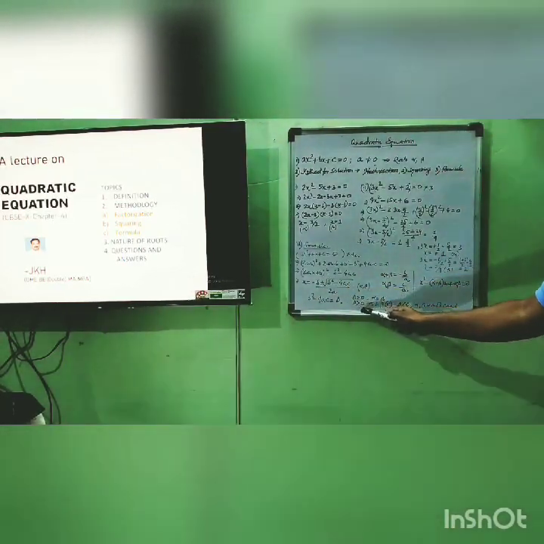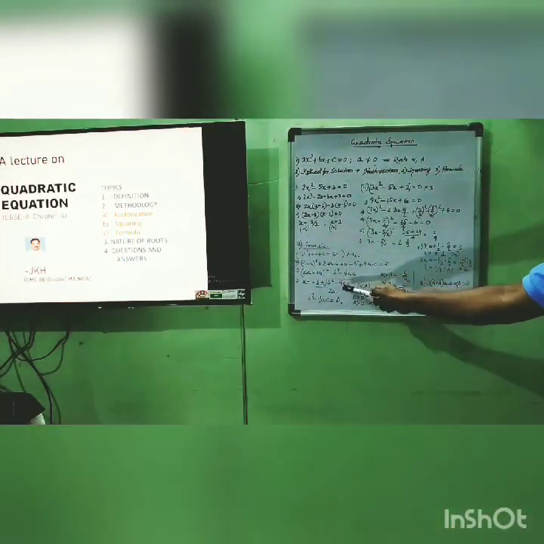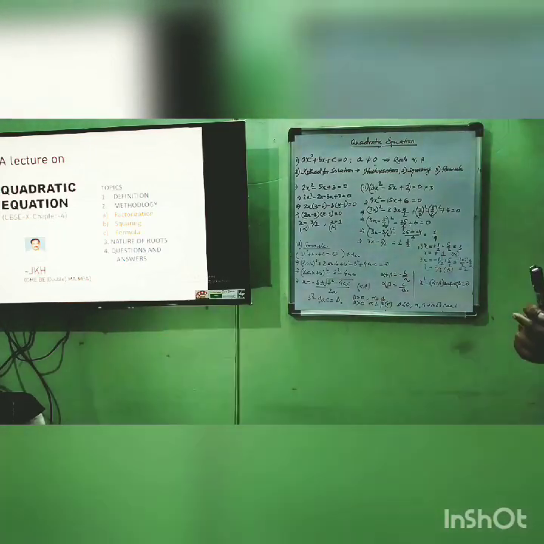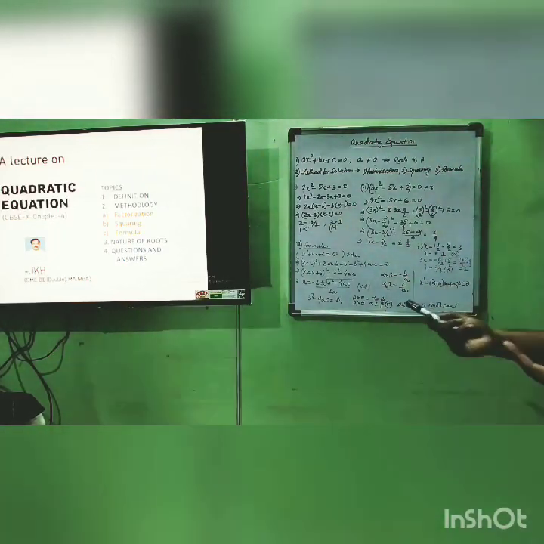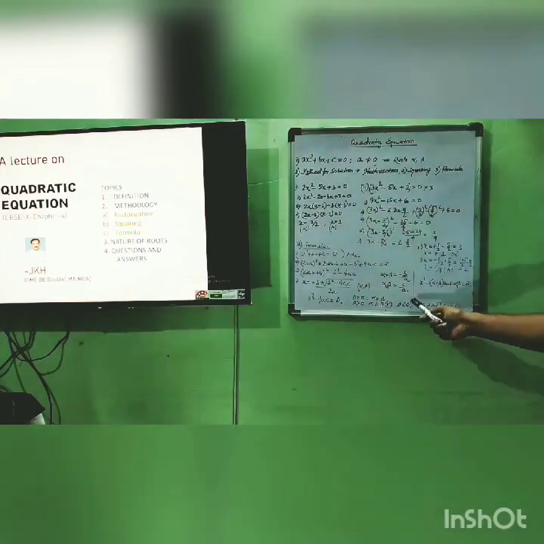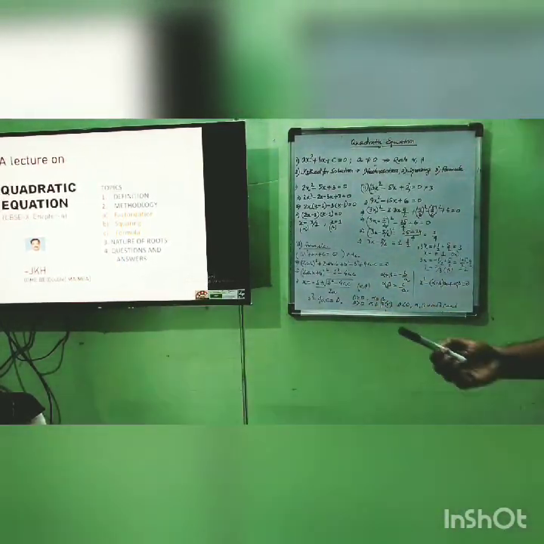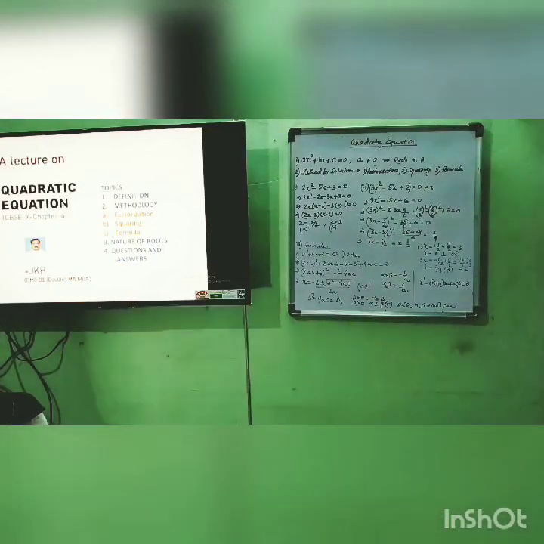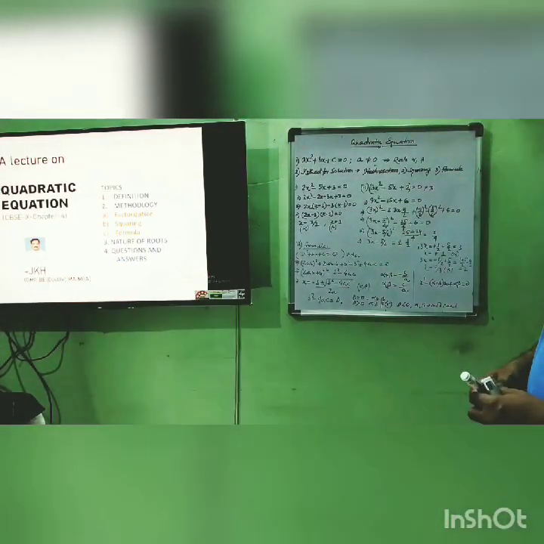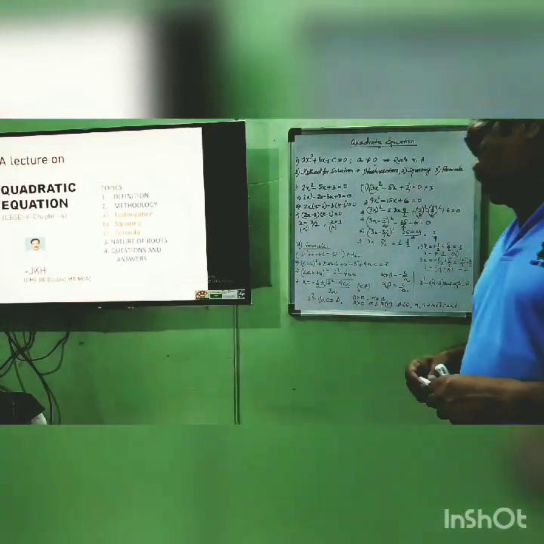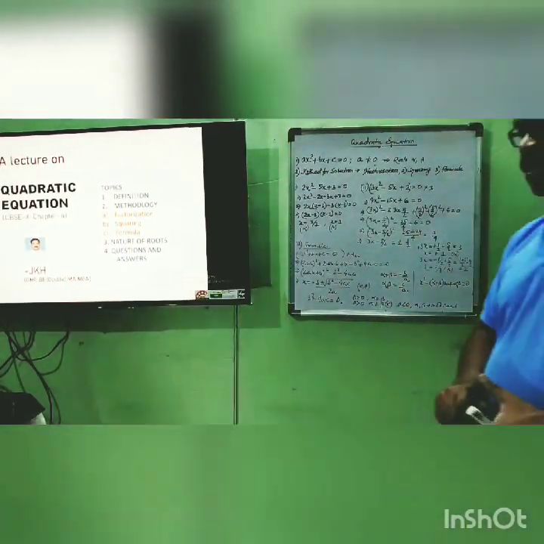Similarly, D greater than 0, you will get two independent values, alpha and beta will be separate values, and they will be real values. But the moment D is less than 0, there will be no real values for alpha and beta.